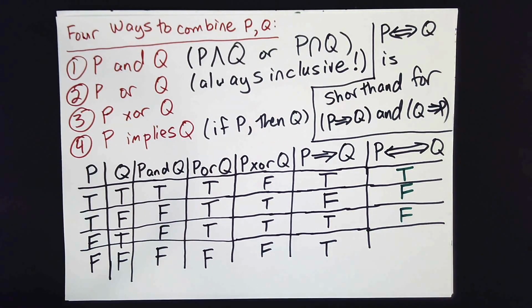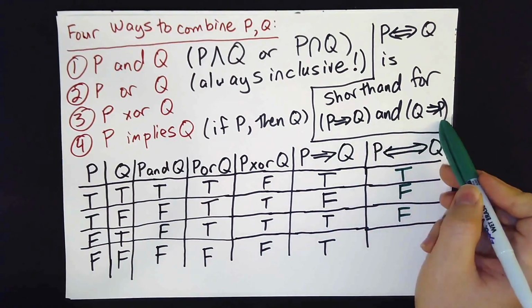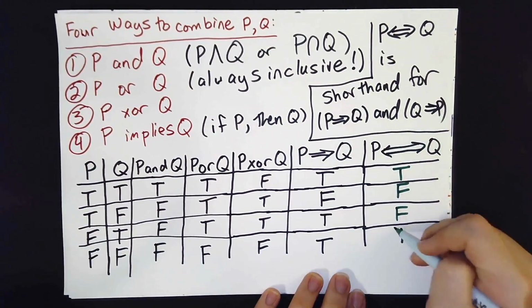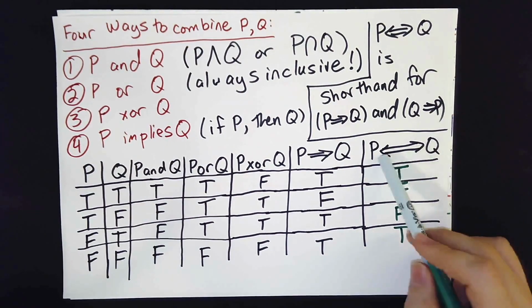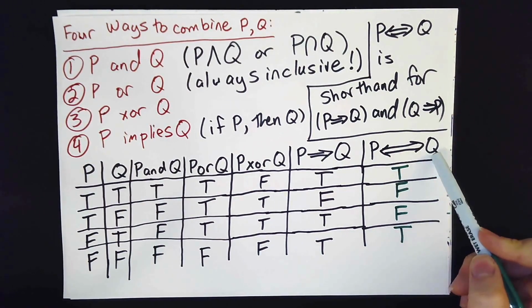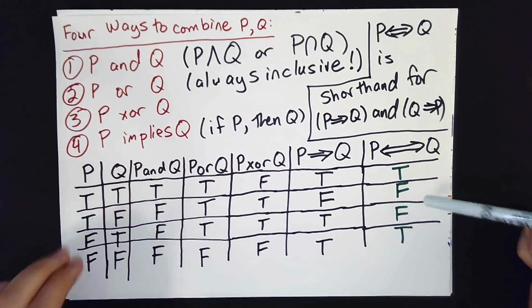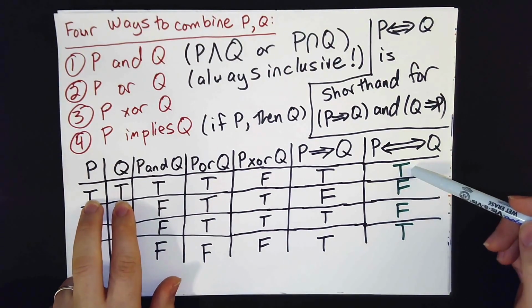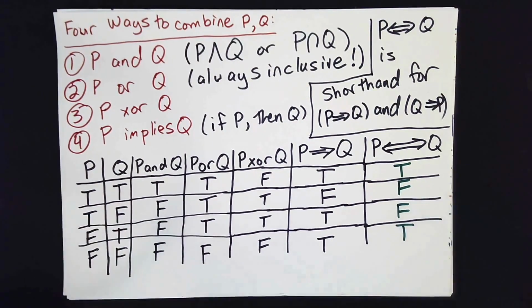Well then, P implies Q is true. Q implies P is true. So both of these are true, and so it's true. That means at the end of the day, what this biconditional is really saying is that P and Q have the same truth value. Because you'll notice this worked out to be true when P and Q are both true, or when they're both false, but it's false otherwise.